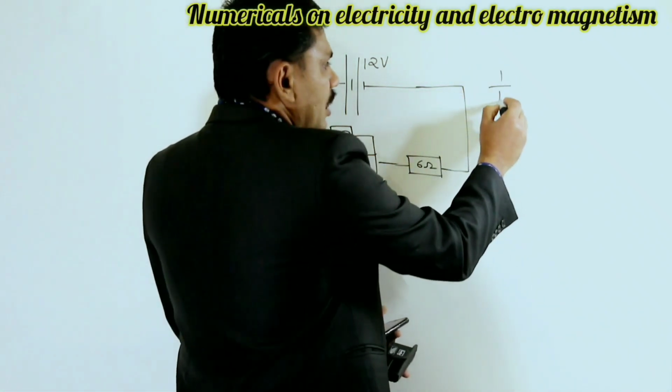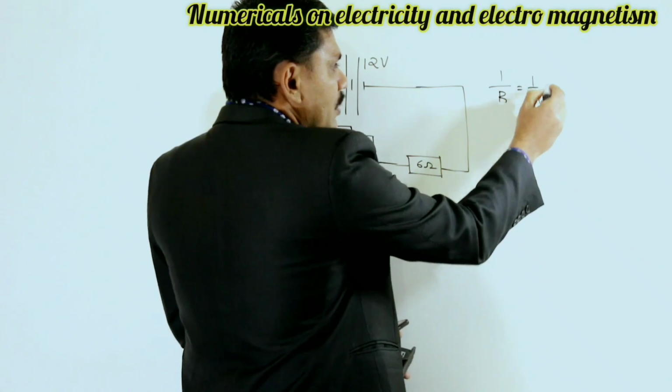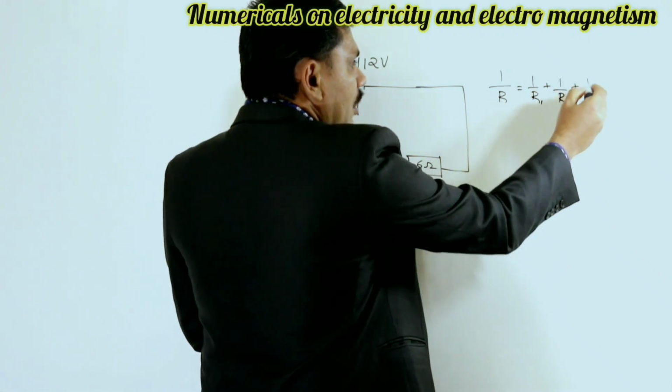The equation remains the same: 1 by R equal to 1 by R1 plus 1 by R2 plus 1 by R3.